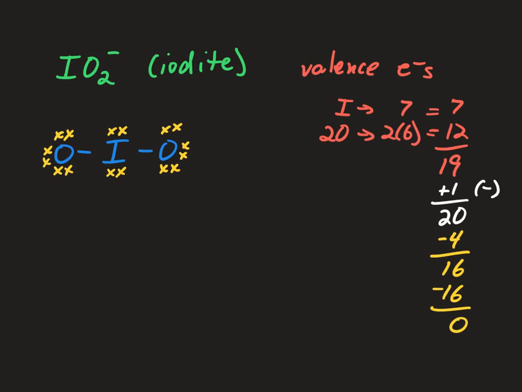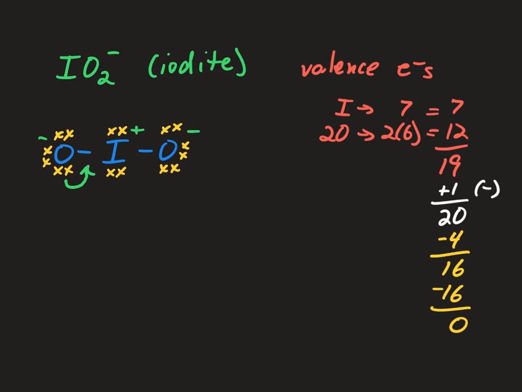We're tempted to be content with that, but if we look at our formal charge calculations, right, each of the oxygens is negative. The iodine in the center has a positive formal charge. And so again, right, because iodine is in the third period or larger, it can accept more than 8 electrons.